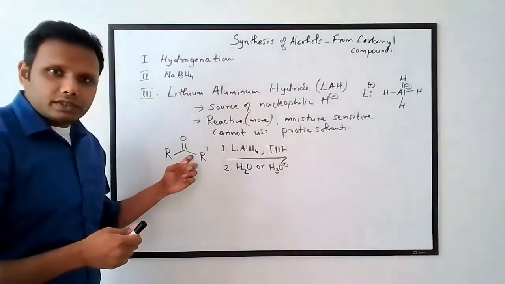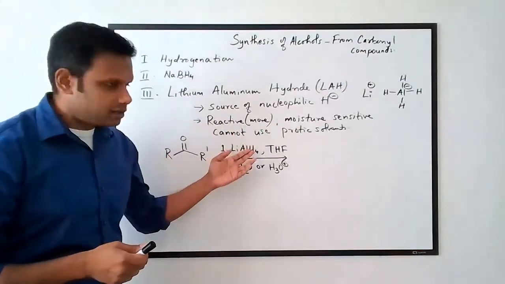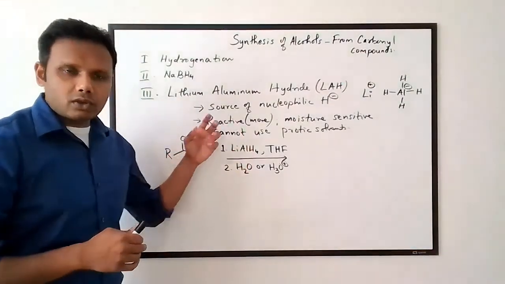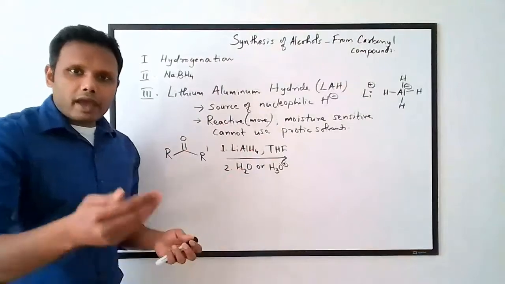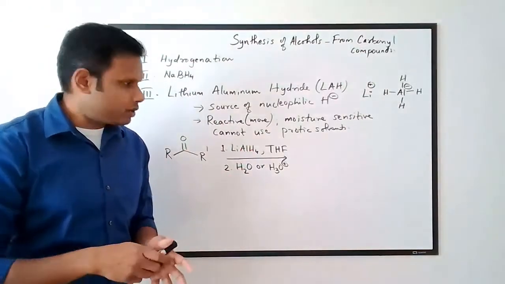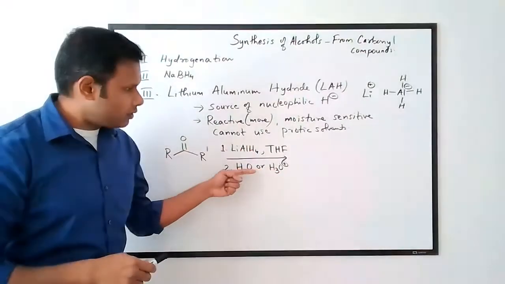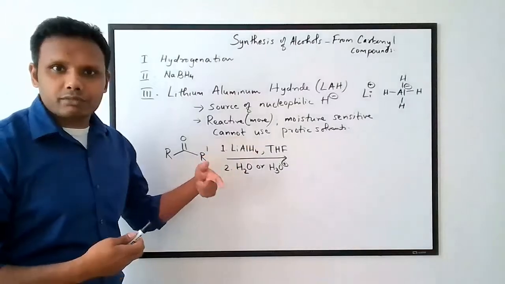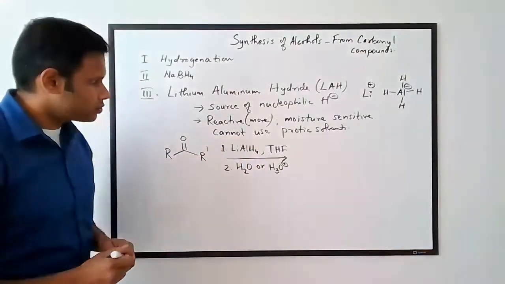And once all this carbonyl compound has reacted with the lithium aluminum hydride, once I've made sure that this is all consumed, then I'm going to add water or acid. I'm going to do a water workup with it. But I cannot have any of this moisture or proton source around when the first step is going on. So that's what we mean by these two steps.